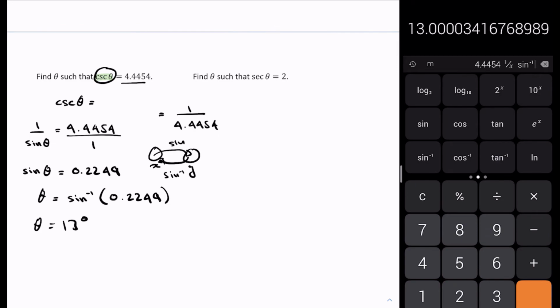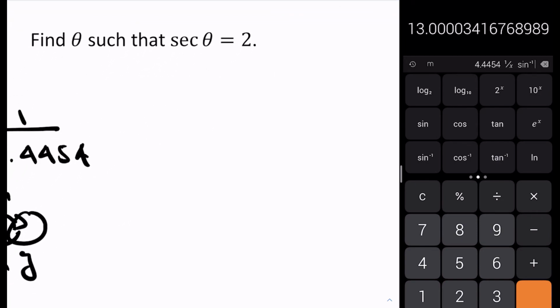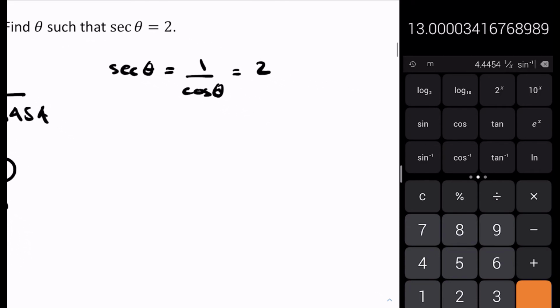Now let's do the same for secant of 2. So secant theta, by definition, is 1 over cos theta, which in this case equals 2. And I'm just going to focus on this part here. So let's just take this to the side.